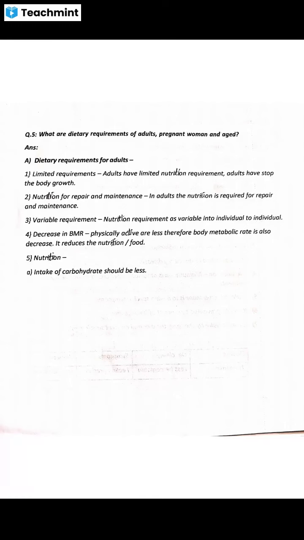Then this is the general food pyramid. Specific food pyramids differ from each other because they are on the basis of the age of the persons. Okay, so for different age people the pyramid is different.